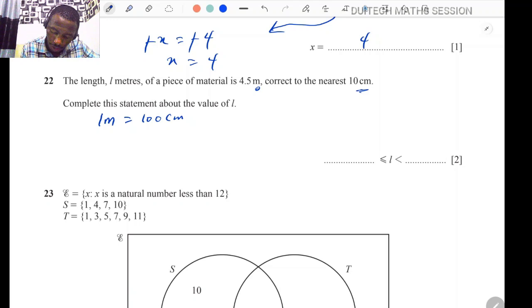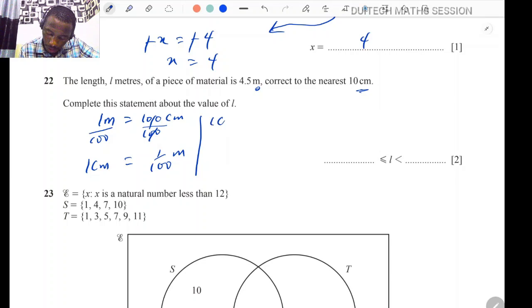So if I divide this by 100, I will get 1 centimeter to be equal to 1 over 100 meter, and that is 1 centimeter equals 0.01 meter. Now, for me to have 10 centimeters, I need to know what it is in meters.